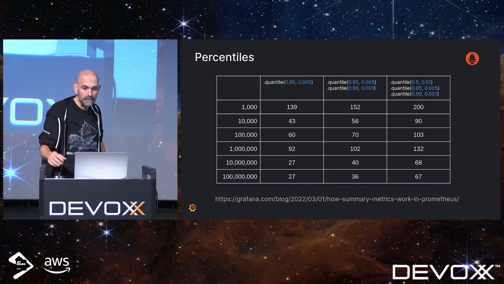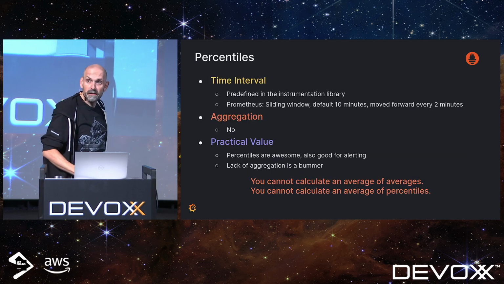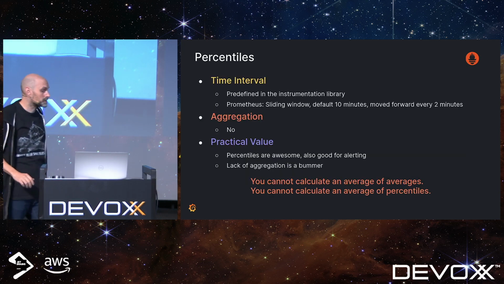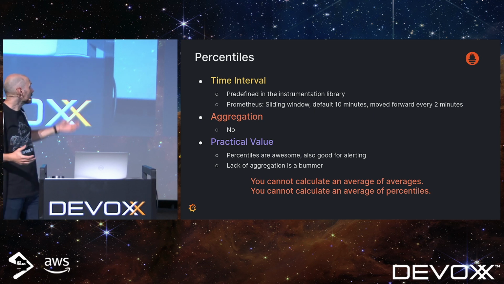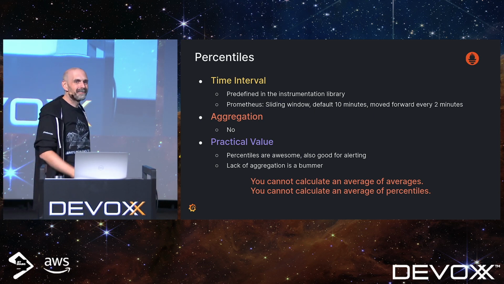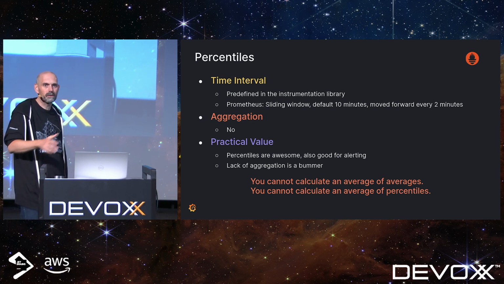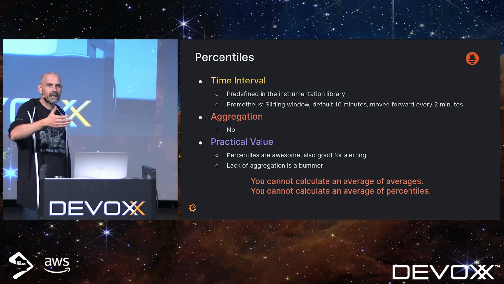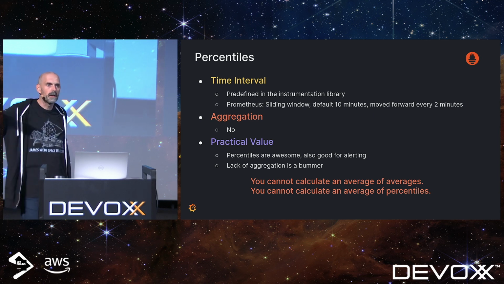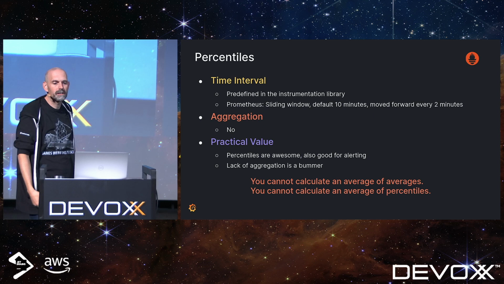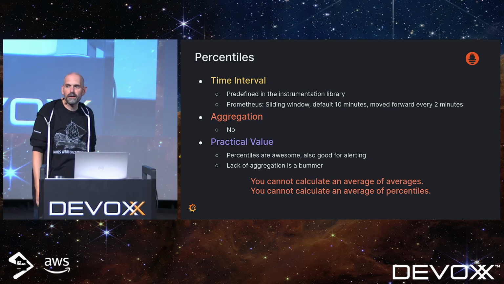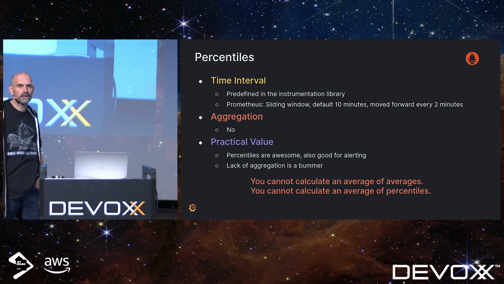Okay? So if we look at the evaluation of percentile metrics, actually the hard facts look pretty bad, unfortunately. It's not possible to specify any time interval at query time. These algorithms produce pre-calculated percentiles, and they produce them based on a time interval that you have implemented there, right? And unfortunately, aggregation is also impossible.